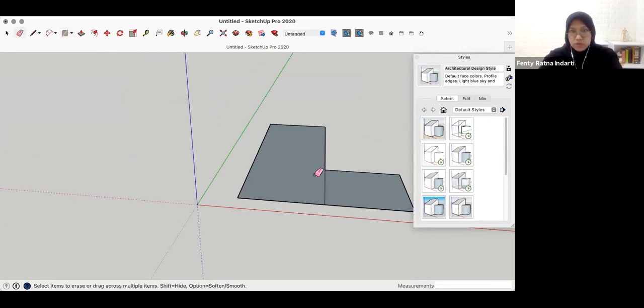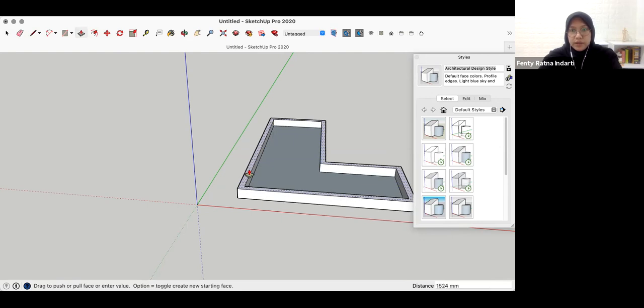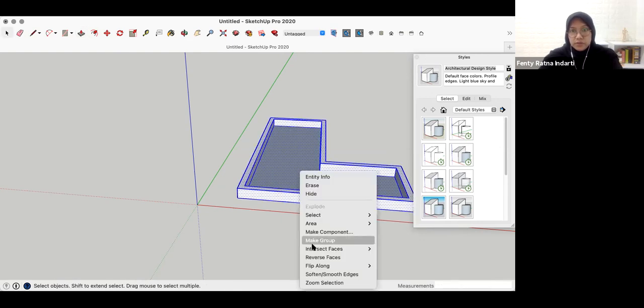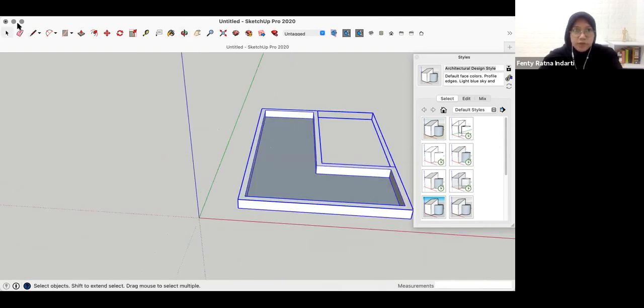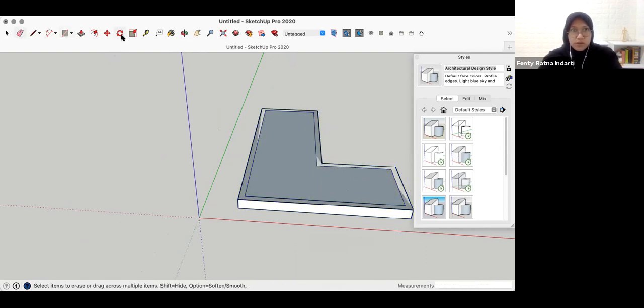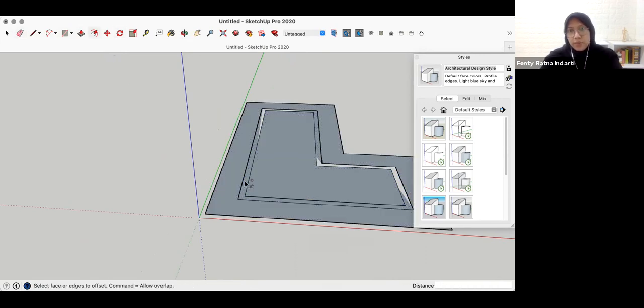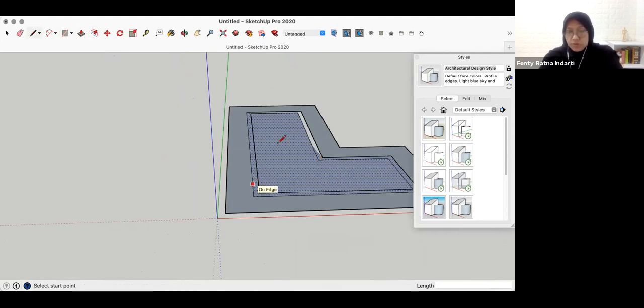And then you create the ring beam like that, and then try to create the fascia. I usually draw from here, fit here, and then create an offset like that, for example. And then just try to create a 3D one.